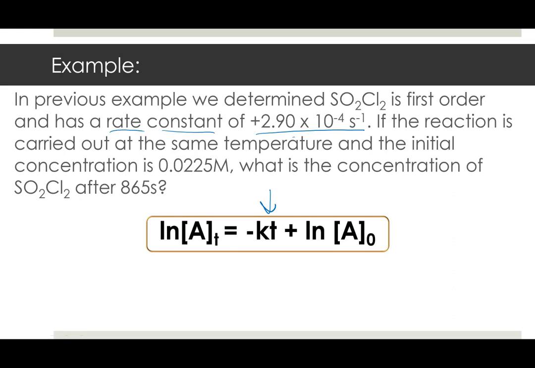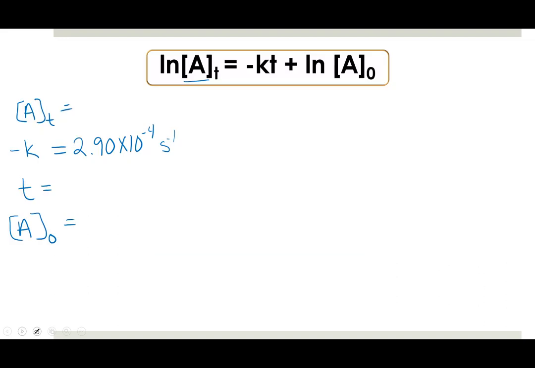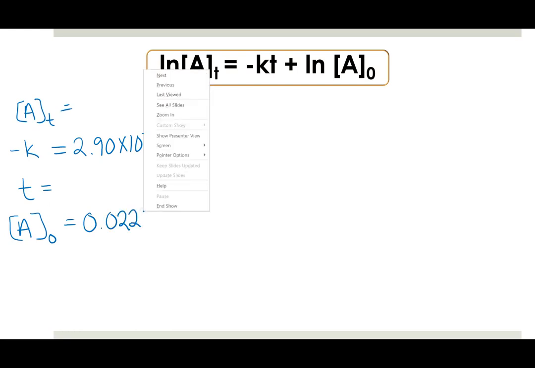The initial concentration is 0.0225. Initial concentration means at time 0, before I put anything into the beaker, before I started this reaction, the initial concentration was 0.0225, and that's a molarity.